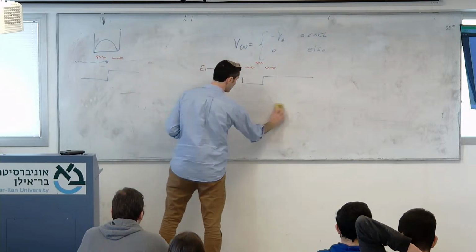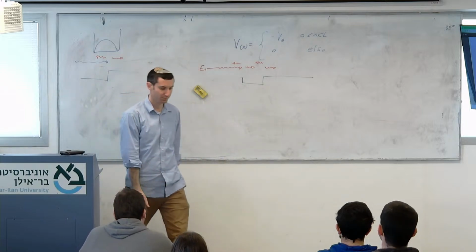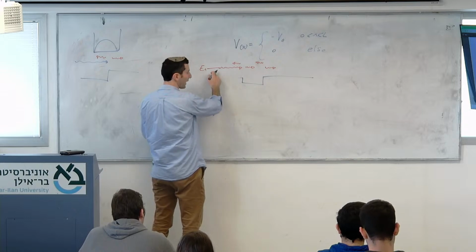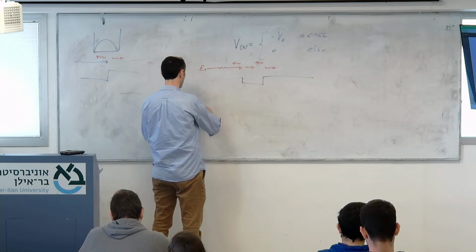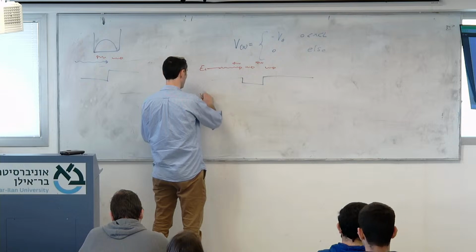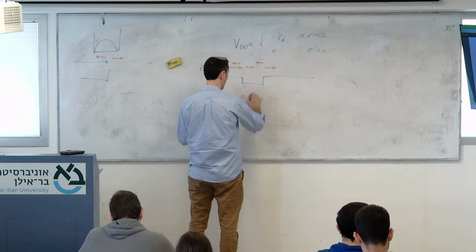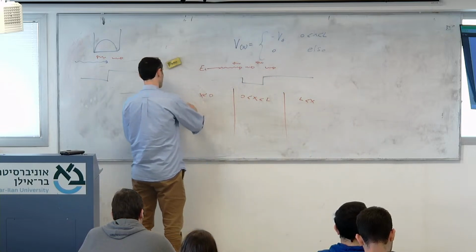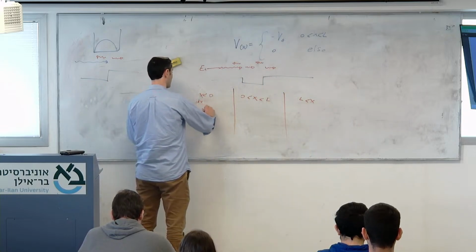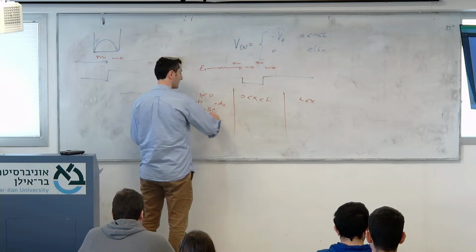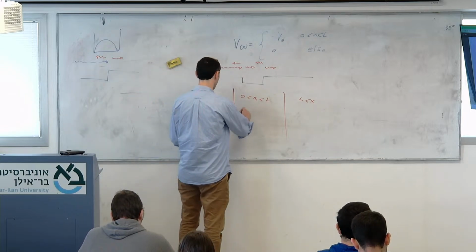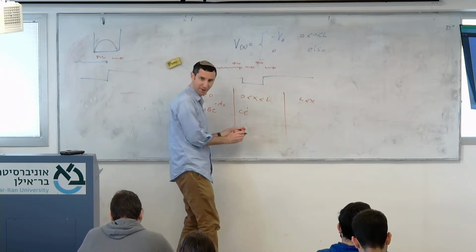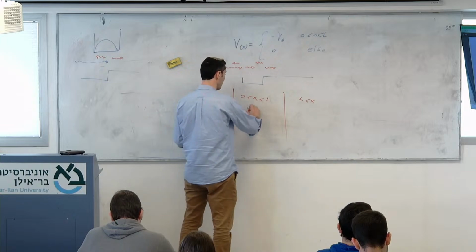What would be the solution here? Well, here I have e to the ikx. Here we have psi equal to a e to the ikx plus b e to the minus ikx. Here we have c e to the iqx plus d e to the minus iqx. It won't be the same k, right? Because here I have a different energy.